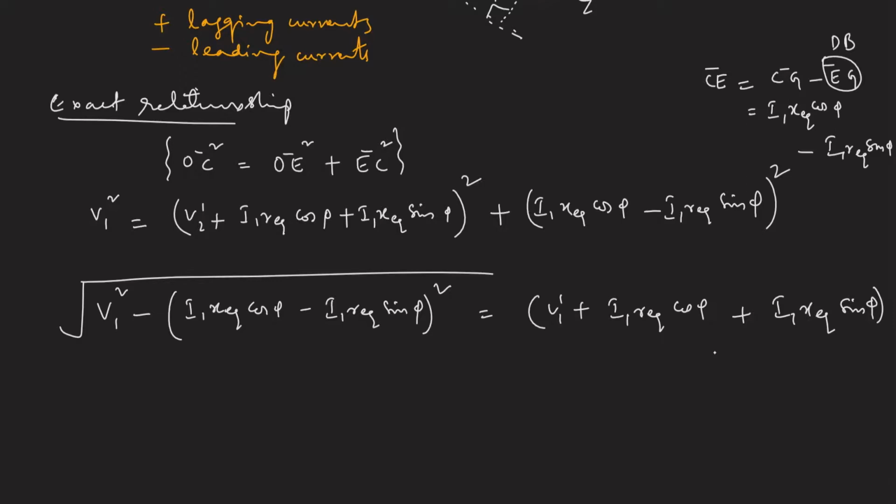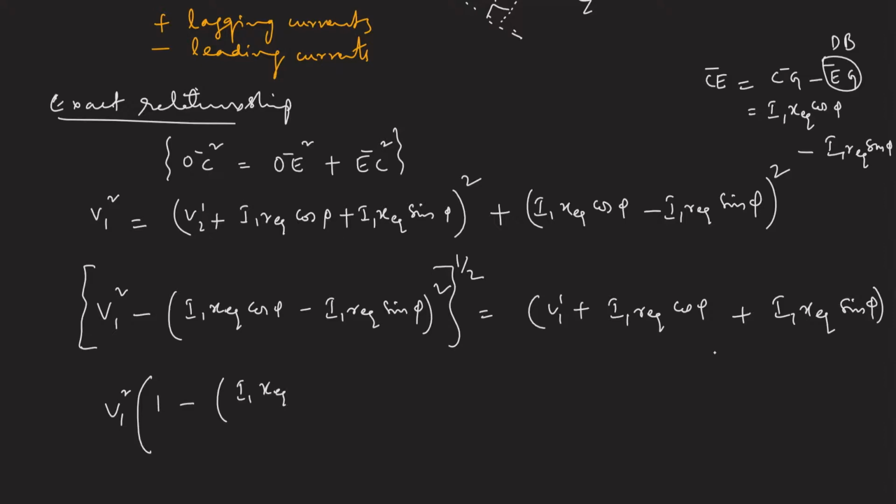Now what they do is, I'll write it like this. Okay, so V1 square, 1 minus I1 X equivalent cos phi minus I1 R equivalent sin phi.